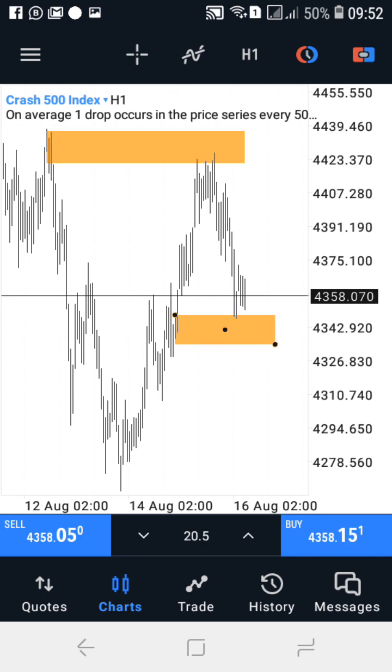I mean a demand zone here. But now I understand the reason why there's a consolidation at my demand zone. It might not even buy because the price hasn't broken structure since it left. It's past a point of interest. It's past the supply zone. It has to break the structure.